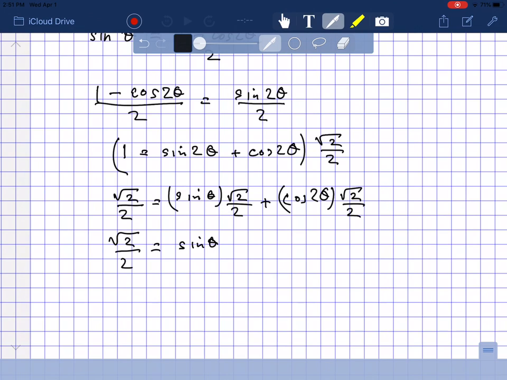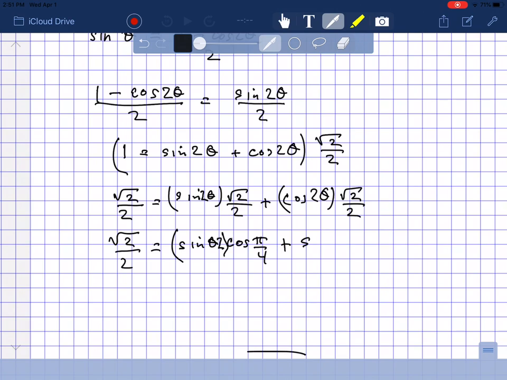What do I want to put this in terms of? I guess it doesn't matter. So this is the cosine of pi over 4 plus, oh, I'm forgetting something here. This is very important. There's a 2 there, and there's a 2 here.